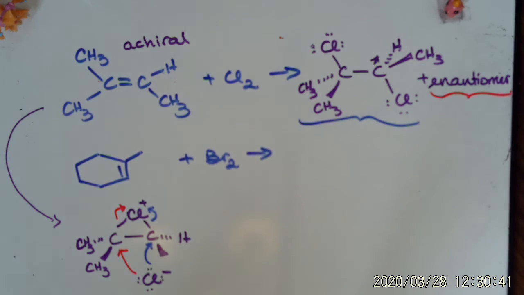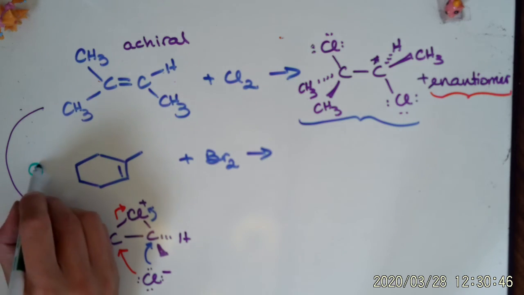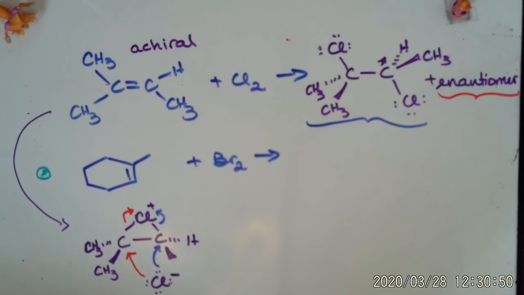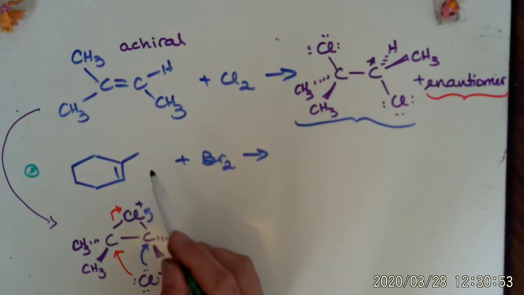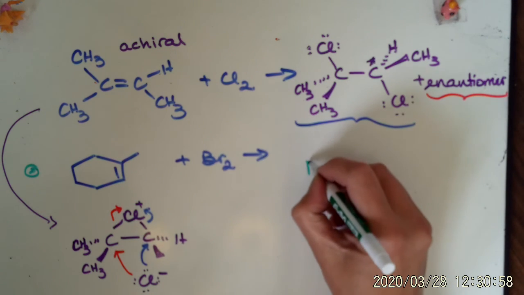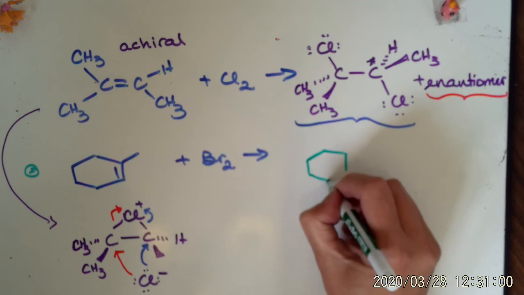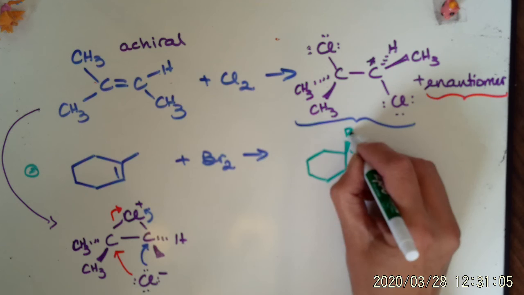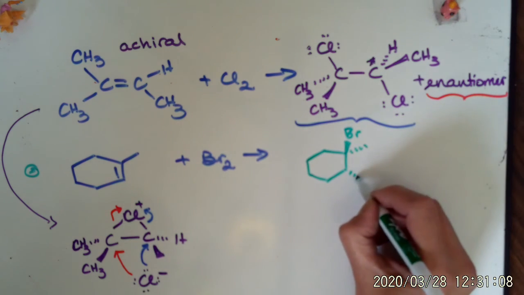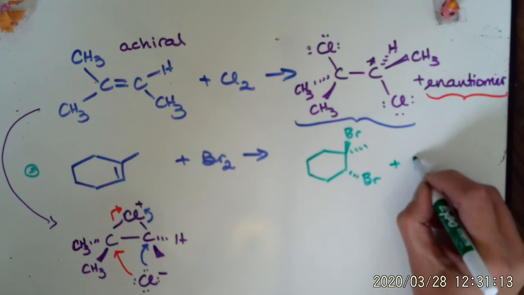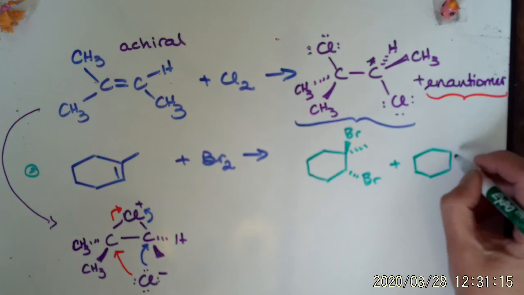Now let's take a look at number 2. Okay, so we're going to add the bromine onto this 1-methylcyclohexene. Okay, so when you do that, I can have the bromine here and bromine down below, and it can open the other way.